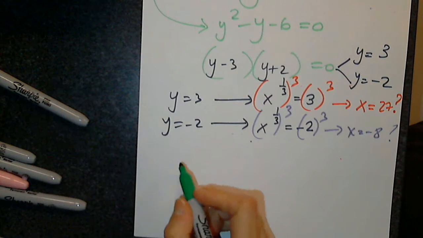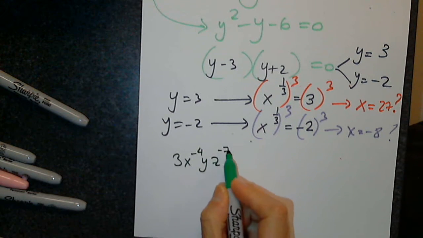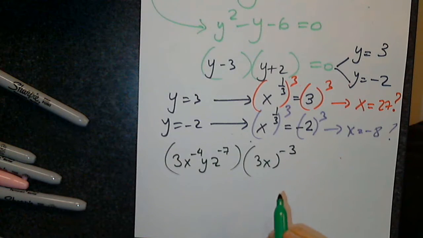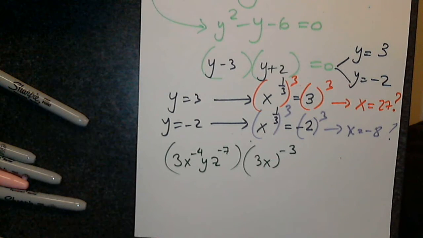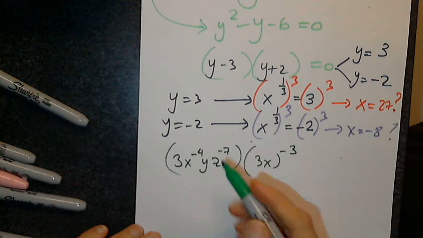Okay, so we have 3, x to -4, y, z to -7, and 3x to -3. Good. So the first thing that I'm thinking of doing is simplifying in parentheses. There is nothing I can simplify in parentheses, however. I have 3, x, and y, and z. I can't do anything. And then 3 and x.